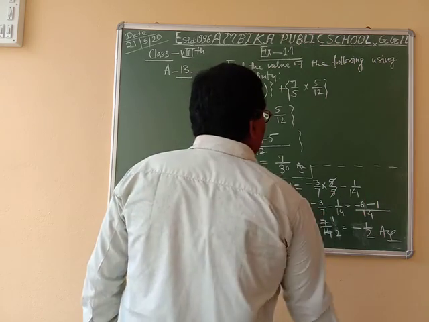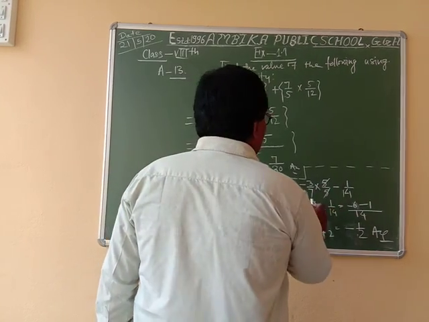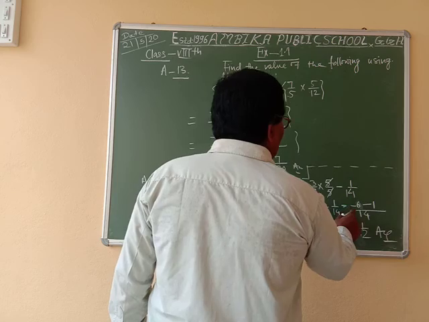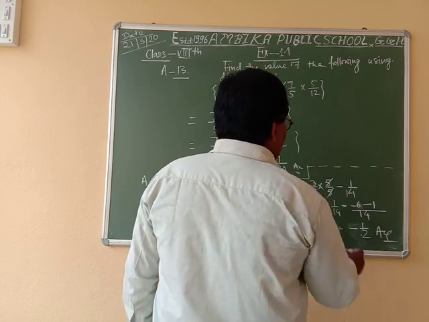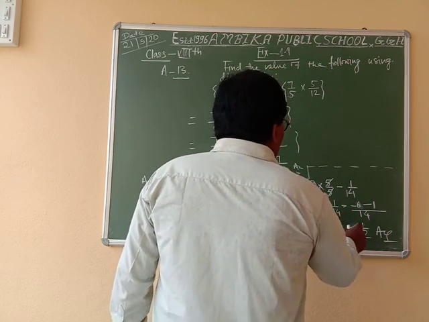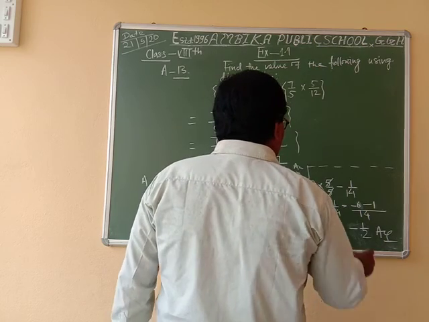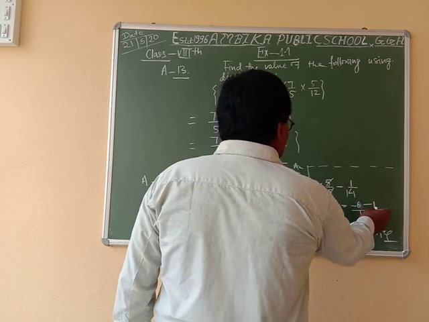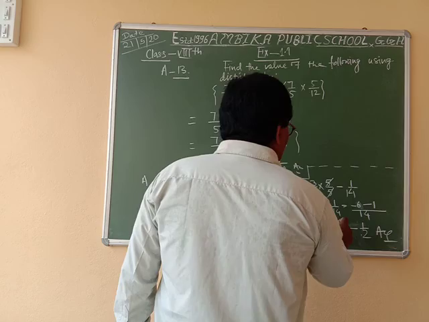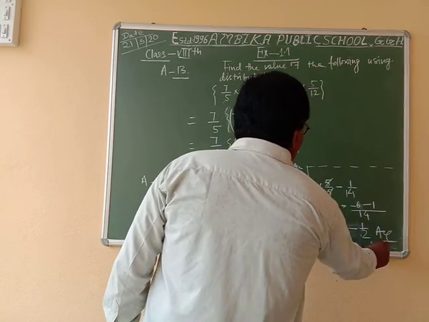Is equal to minus 3 by 7 into 5 by 5, minus 1 by 14. 5 cancels, minus 3 by 7 minus 1 by 14. LCM of 14 and 7 is 14, so minus 6 minus 1, minus 7 by 14, is equal to minus 1 by 2.